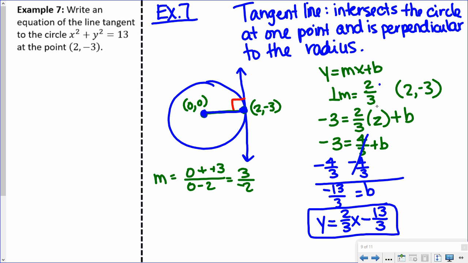So we did the perpendicular slope, used that slope and that point on the circle, and solved for b so that we could write our equation. Again, you can probably get this down to a 50-50 if you do the slope piece and then plug in this 2, -3 into which ones are left, if you don't do all of this.